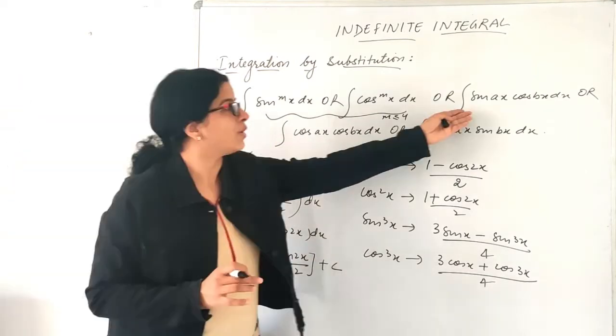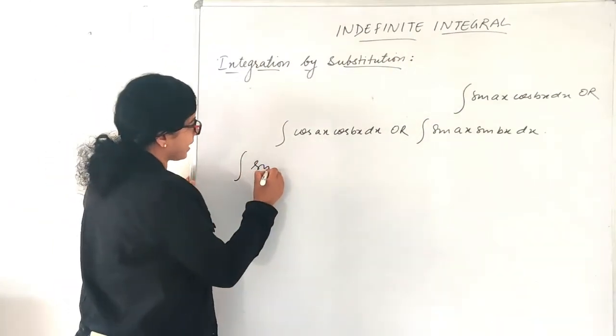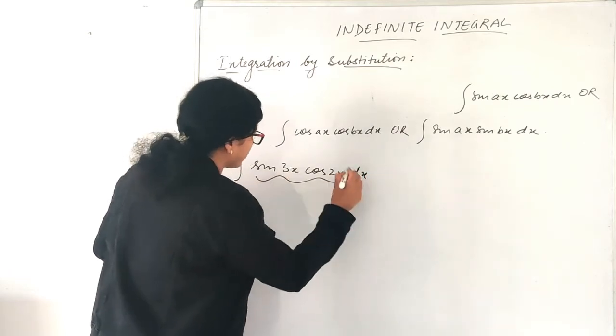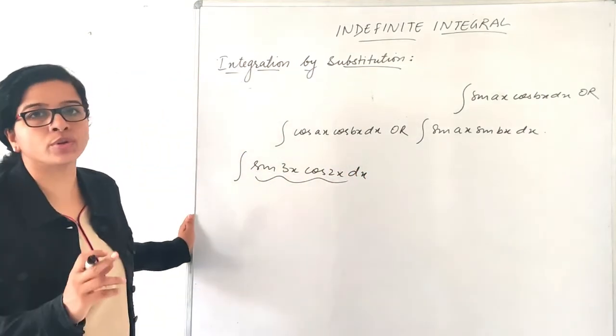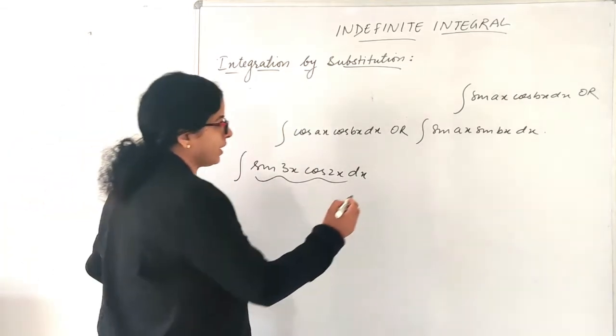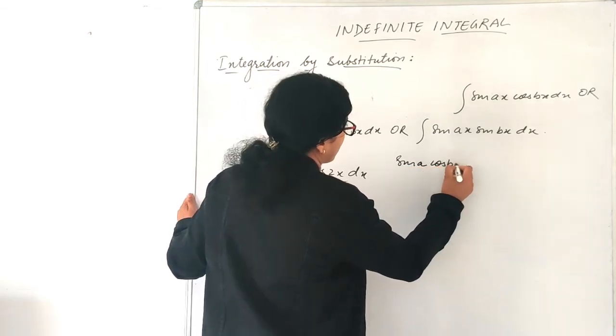Now let us check one of this kind. Say for example, I have sin 3x cos 2x dx and I have to integrate this part. So what I am going to use is the formula of sin A cos B. We have already learned the sin A cos B formula. What is the formula?